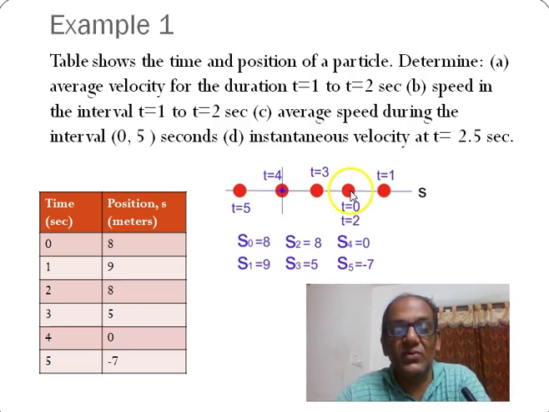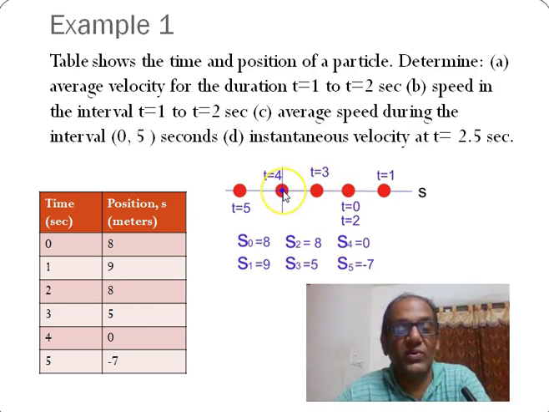At time t is equal to 0, the particle is here, 8 meters, that is the distance from here to here is 8 meters. Then when time t is 1 second, it moved to the new position over here, and at time t is equal to 2, again it came back to the position. At time t is equal to 3, it moved here.